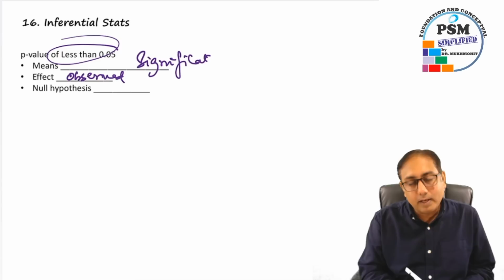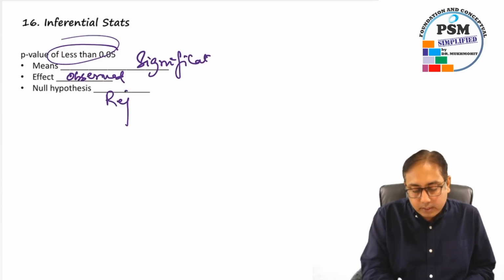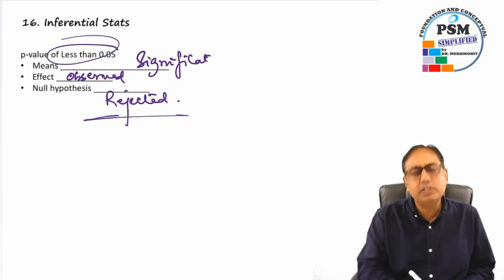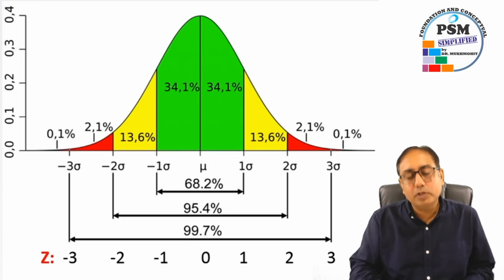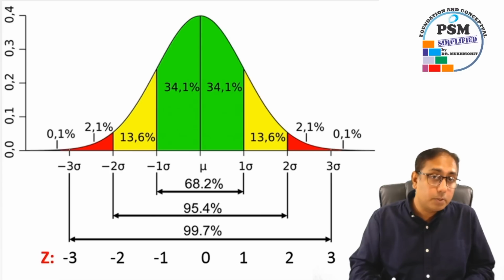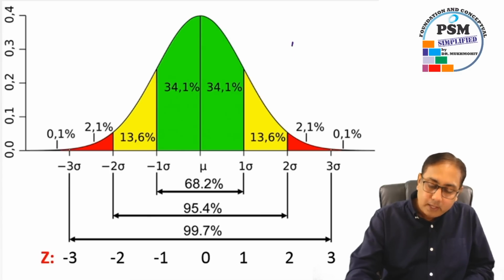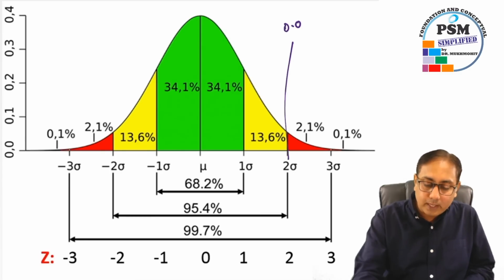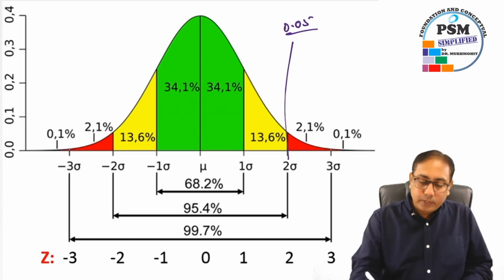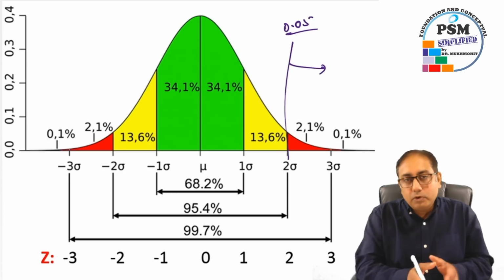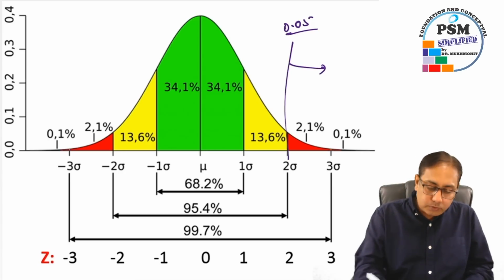So what do you do about the null hypothesis? The null hypothesis is rejected. So these are 3 points which are definitely going to come in your exam. Next, a lot of times they also ask you, where does the p-value of 0.05 lie? It lies at 2 SEs, or standard deviations. So anything outside the normal zone, this is what is the normal zone.